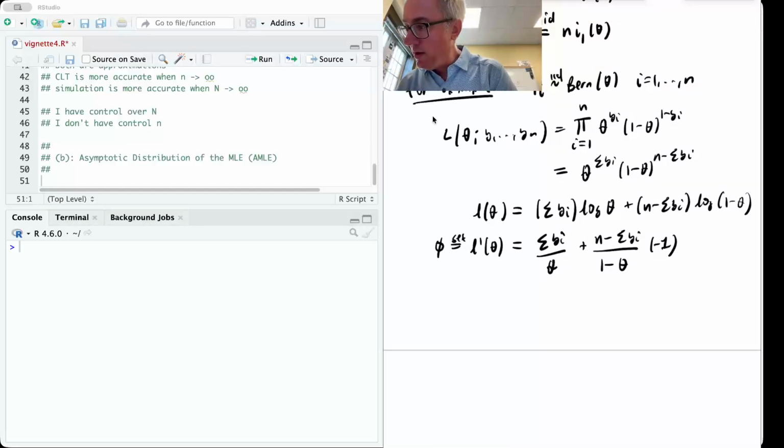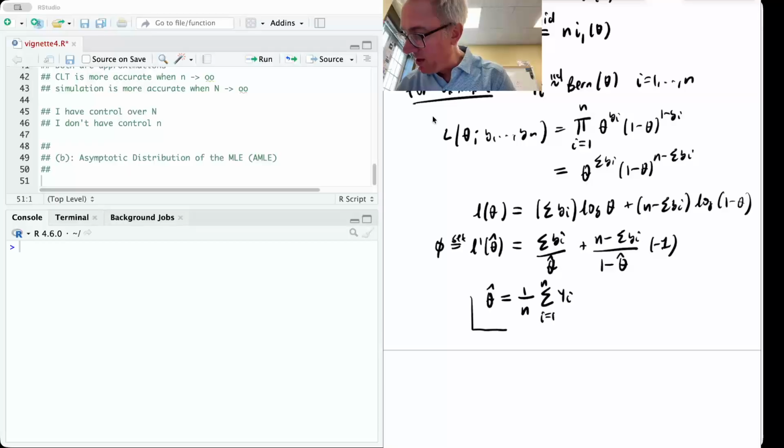Okay, so replace thetas with theta hats. And then collect terms and solve. I'm going to skip a few steps here. I think you can work out this algebra on your own if you can't already just see it transparently. Theta hat is going to be the sum from i equals 1 to n of yi over n.